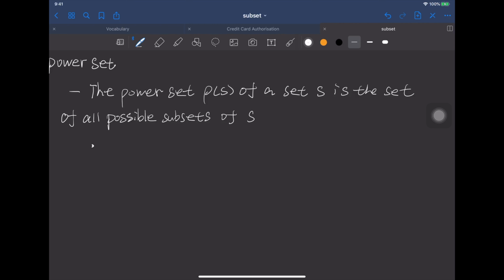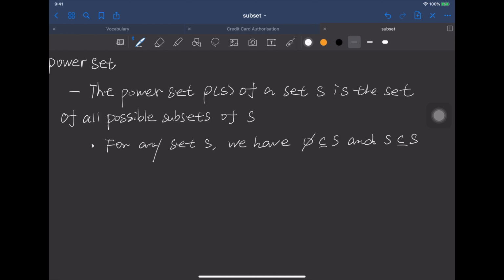So we already know that when we find the subsets of this set, we have two identities here. The first one is that the empty set is a subset of this set, and the set itself is a subset of itself.